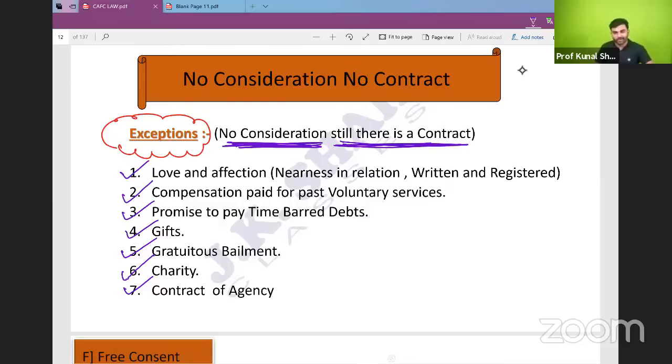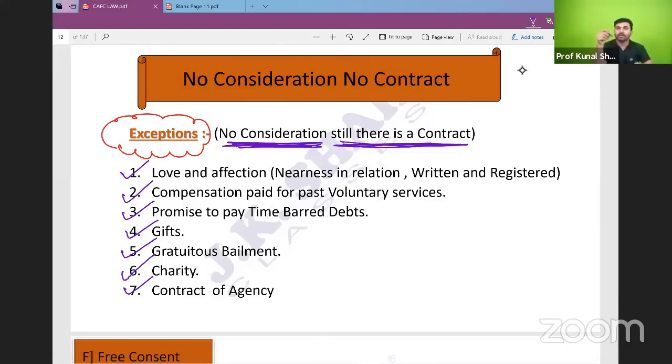My father said out of love and affection, "Hey Kunal Shah, the property situated at Ahmedabad now onwards belongs to you." So my father gave a written agreement wherein he wrote that I, father of Kunal Shah, am transferring the entire title of the Ahmedabad property to my son Kunal Shah.